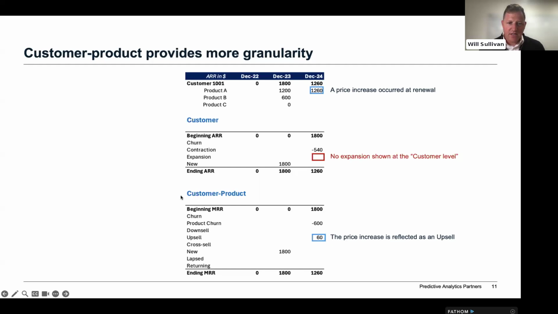Looking at this customer product level ARR waterfall, you can analyze the customer journey at scale by understanding what this customer is doing. And this enables you to understand, is product B the right fit for this customer persona or this market? And when you analyze that at scale, you can start to get into some strategic understanding of the market and the segment, which we'll go on to later in this deck.